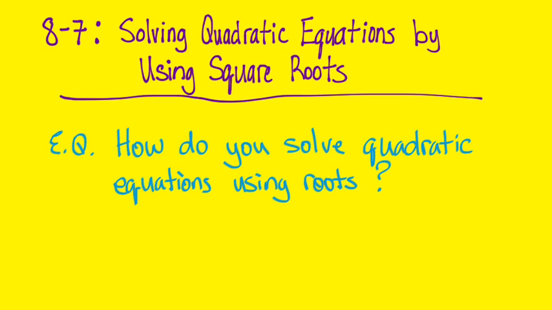And this will lead us to other bigger concepts of shortcuts and how we get the quadratic formula from these concepts. But first, let's just talk about how do we solve quadratic equations using roots. And when we talk about roots, we mean square roots, right? Because we're looking at perfect squares.